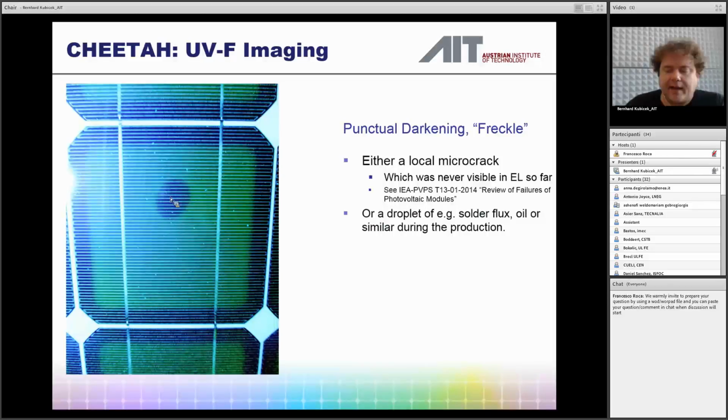It could be a small micro crack that could cause something like this. It could be maybe a droplet of some fluid used in the production of the PV module. That's my hypothesis. It could be a fingerprint, maybe that the chemicals in the finger, of the salts and so on, maybe decrease the fluorescence later on. But there is no clear evidence to me what causes that.